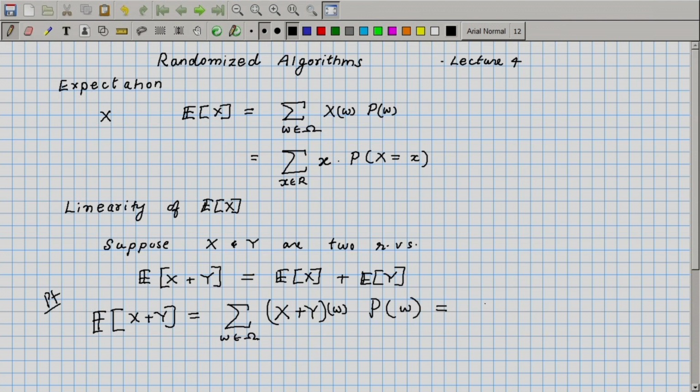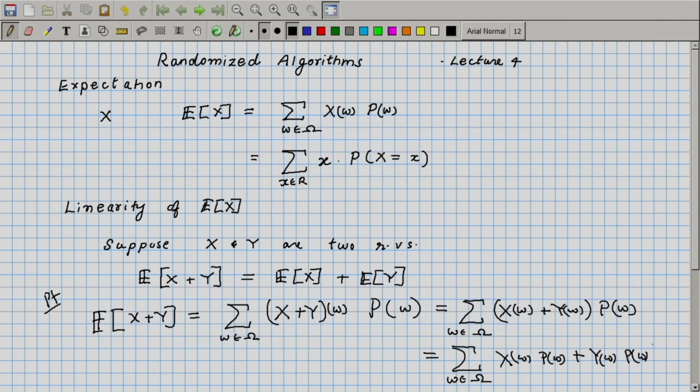This is also equal to the sum over omega belonging to Omega of X(omega) plus Y(omega) times probability of omega, and this is equal to a summation, and this clearly is, so if you look at this quantity, that is going to be expectation of X, and the summation when pushed to the other term is going to be the expectation of Y.